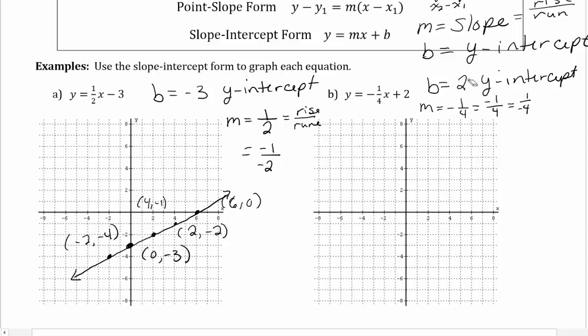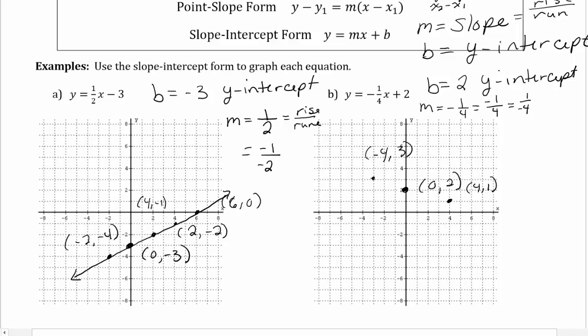So we'll put our y-intercept on the graph at positive 2. That gives me the point 0, 2. Then we can either go down 1, right 4, giving us the point 4, 1, or we could go up 1, left 4, giving us the point negative 4, 3.